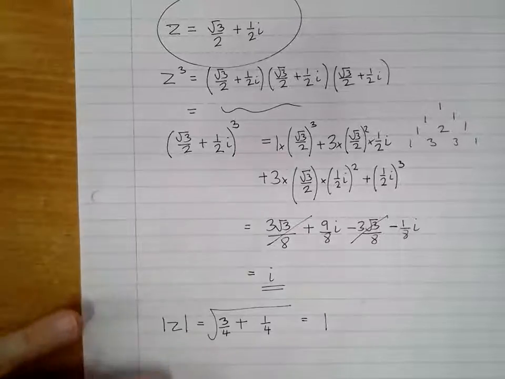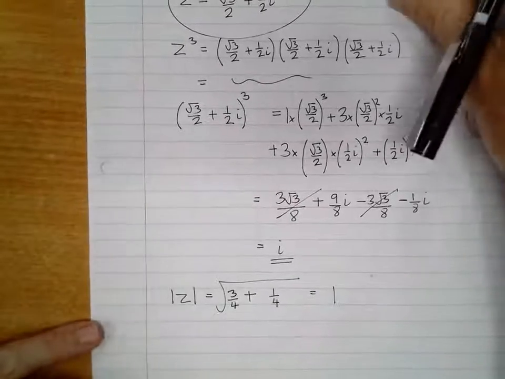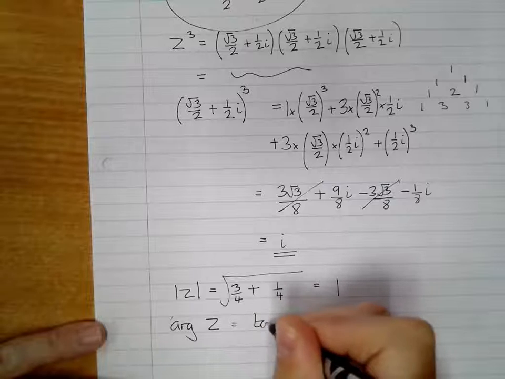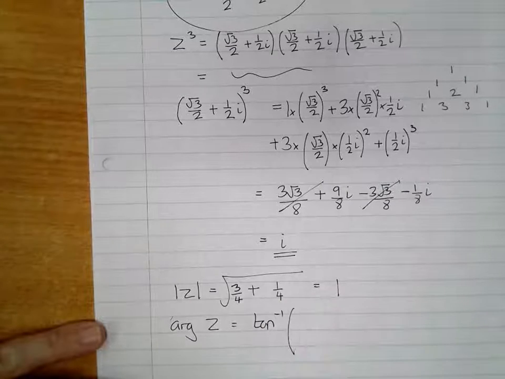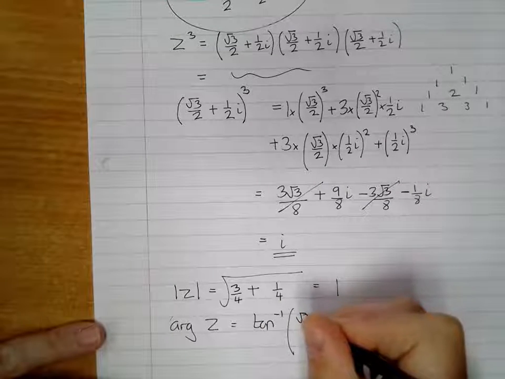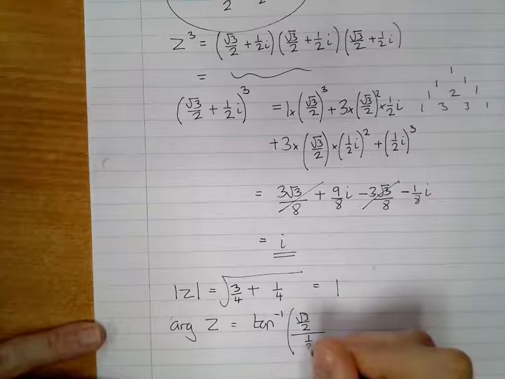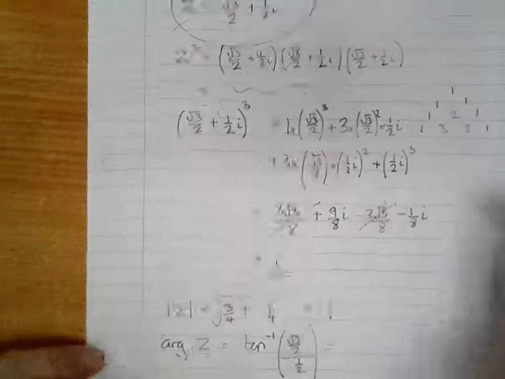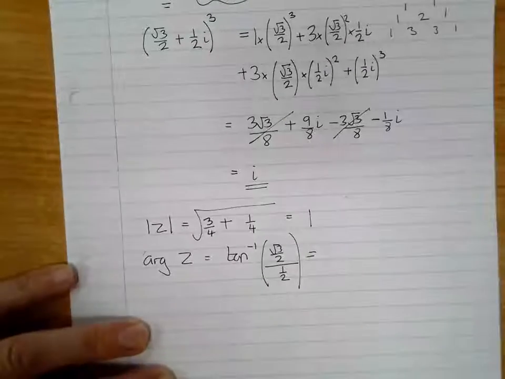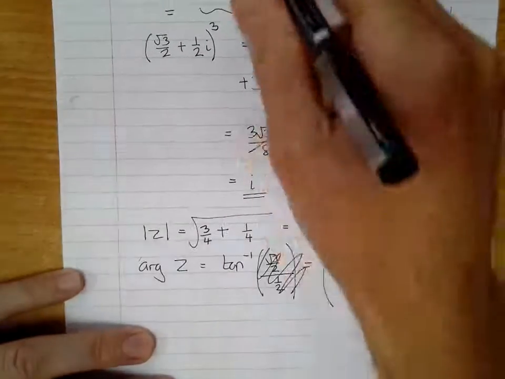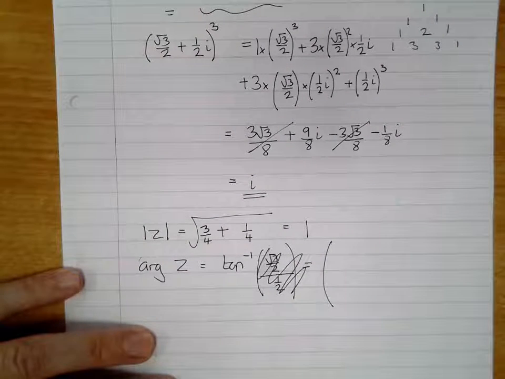So modulus of z is 1, and then the arg of z is tan to the minus 1. We're in the first quadrant here, so it's root 3 over 2 divided by a half, which is, I've done that wrong, haven't I? First mistake of the video, sorry. It's y over x, so it's the other way up.